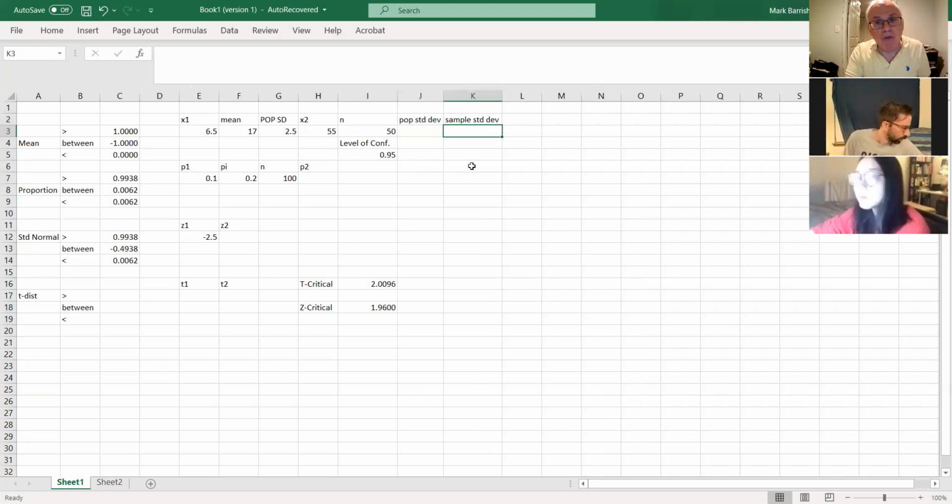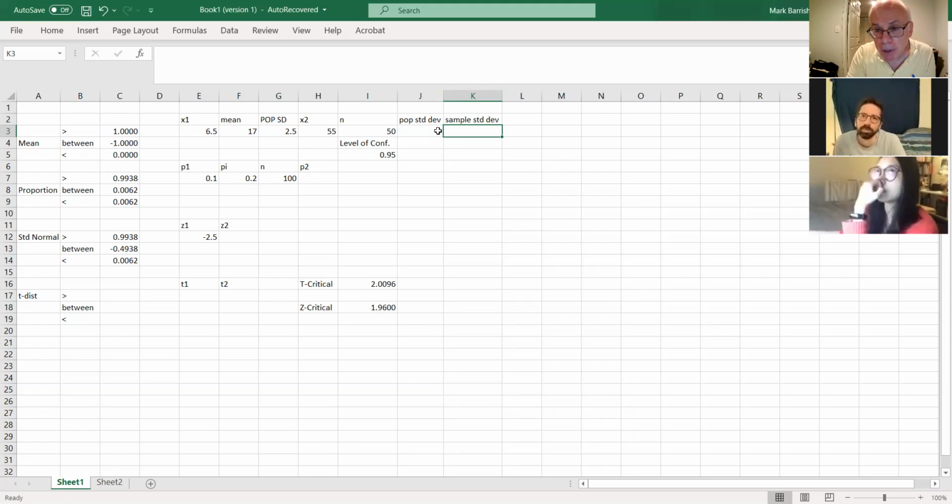You know the general rule: we always use the population standard deviation for estimating a mean, if we have it. We ignore our sample standard deviation, and we'll use our Z critical value. But suppose we don't know the population standard deviation, but we know the sample standard deviation. So with a mean of 17, let's make our sample standard deviation 5.